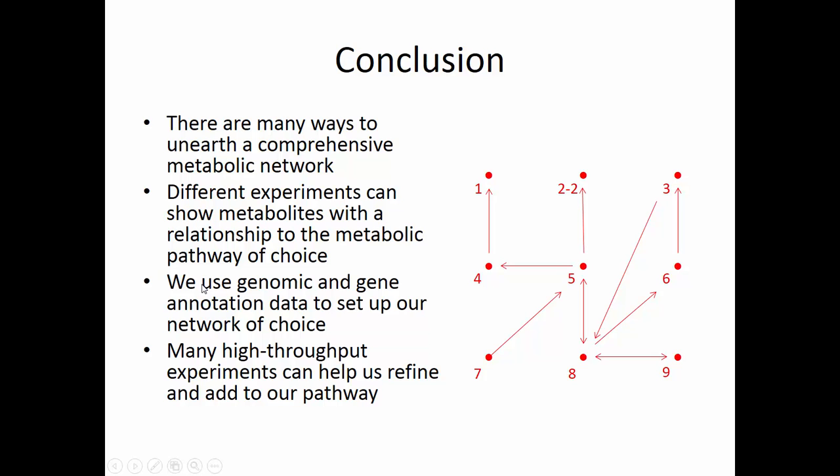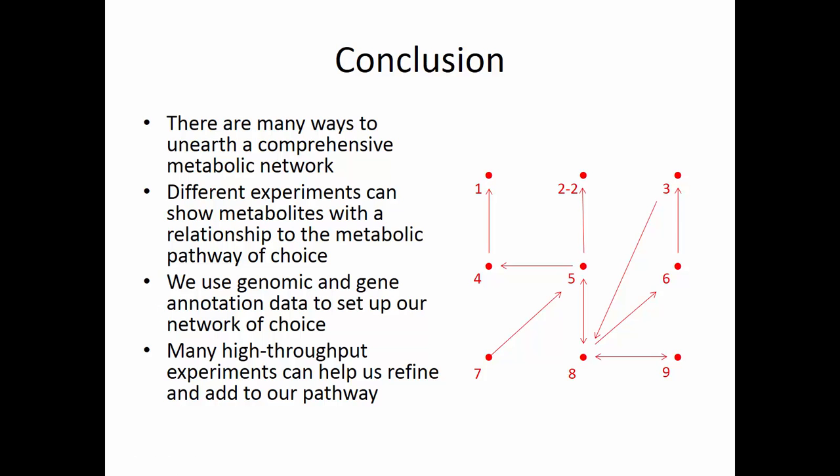We can use genomic and gene annotation data to set up our network of choice, but then we can refine it. We can further refine it by a bunch of different types of experiments that we can do, or data that we can gather.